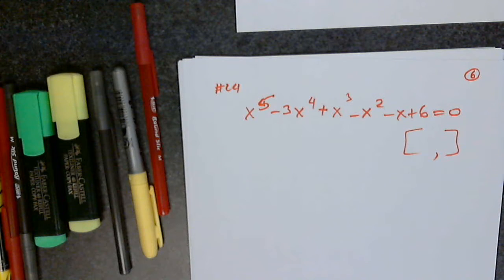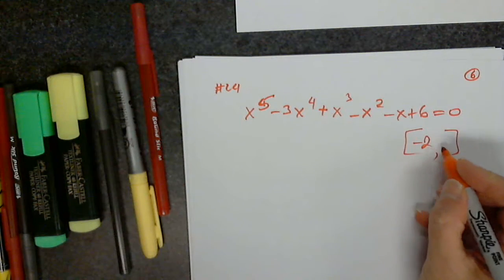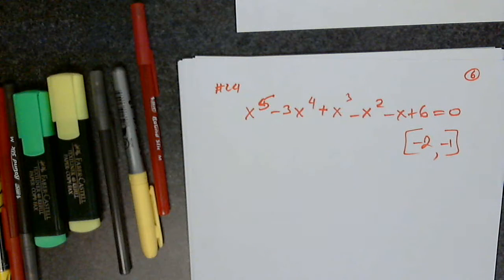I'm going to say -1 is positive, and 0 is positive. I'm going to say -2 is negative. So between -2 and -1, I found my first solution. Do you agree?